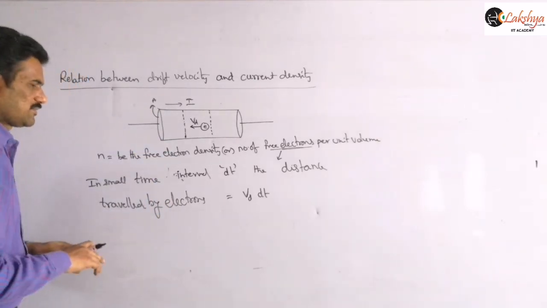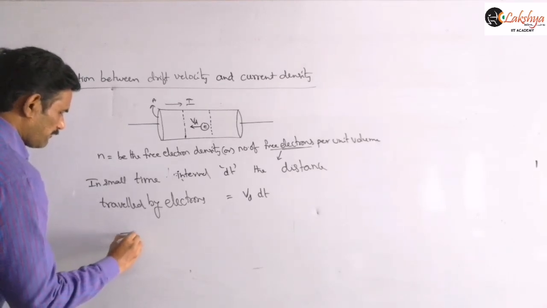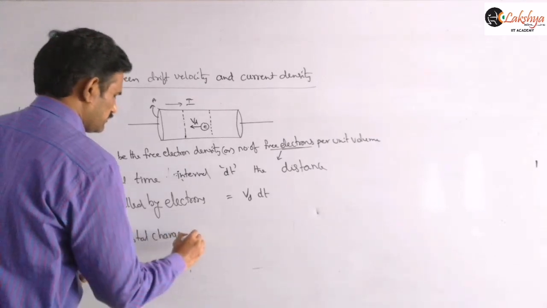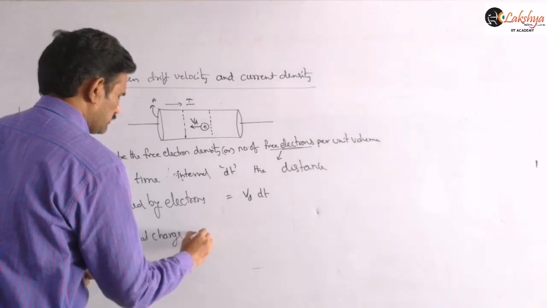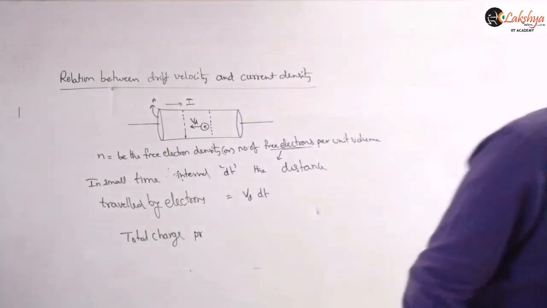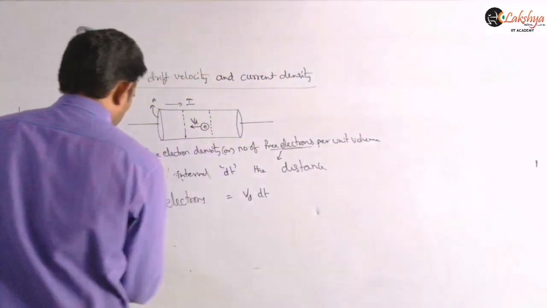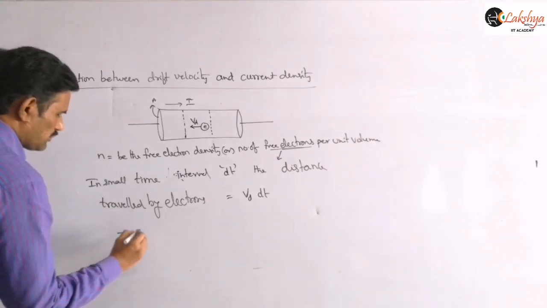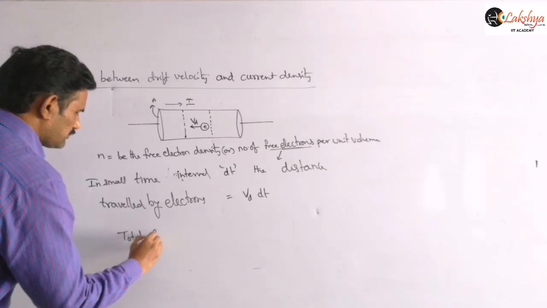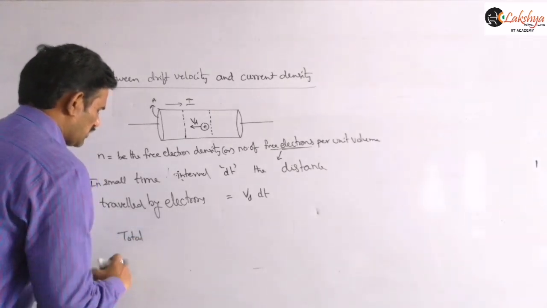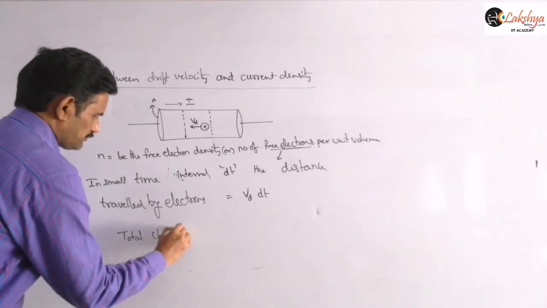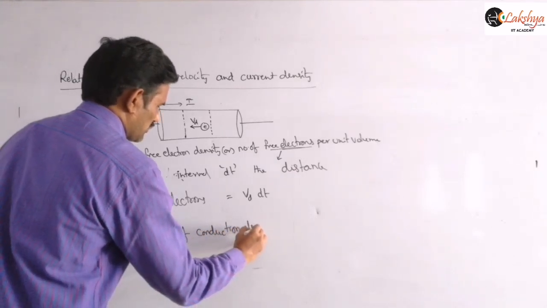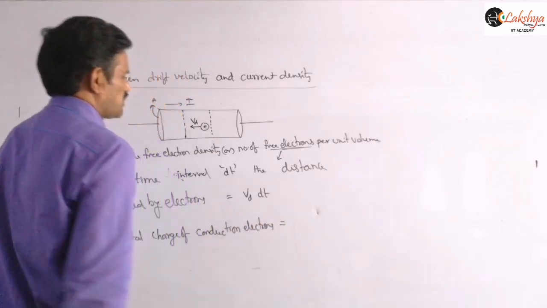So I can write this as the total charge, in the sense of total charged particles, the total charge of the free electrons, or those are also said to be conduction electrons, which are responsible for that conduction.